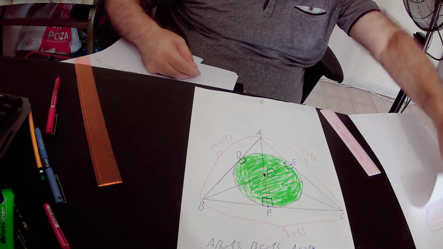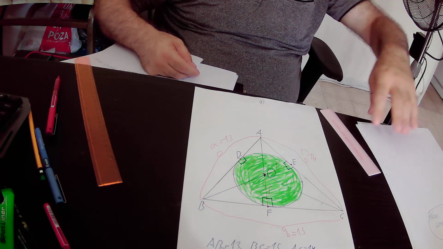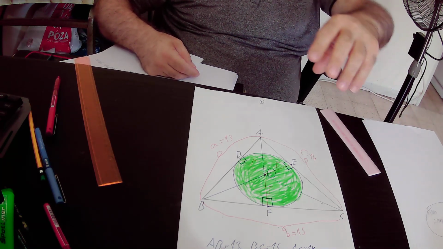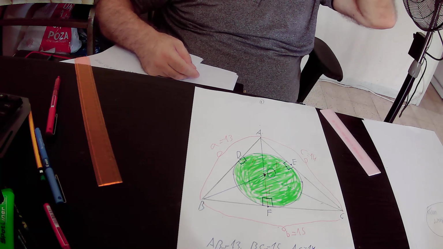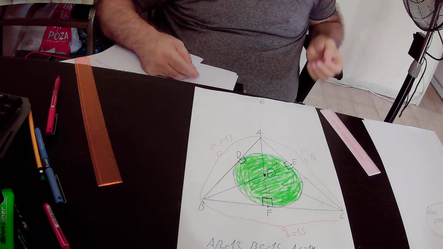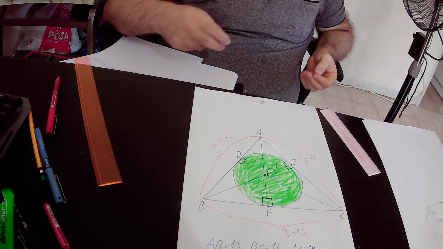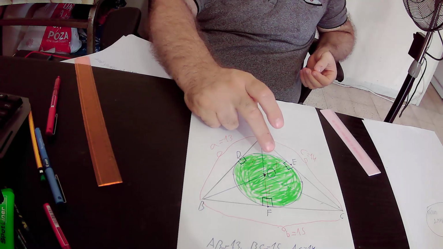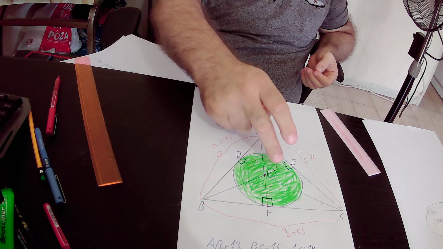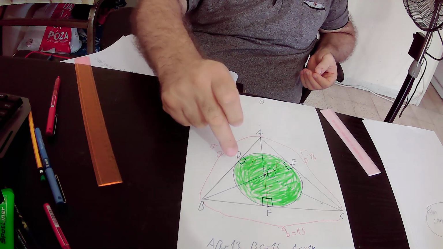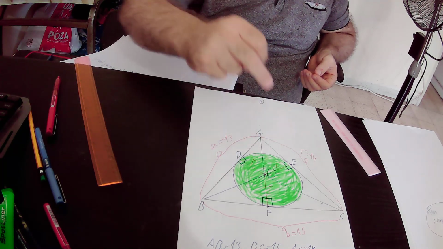And then we found the radius of the green circle by dividing triangle ABC into 3 small triangles: triangle AOC, triangle AOB, and triangle BOC.